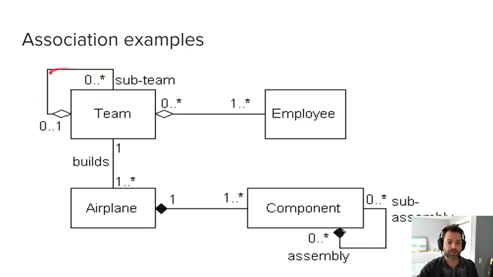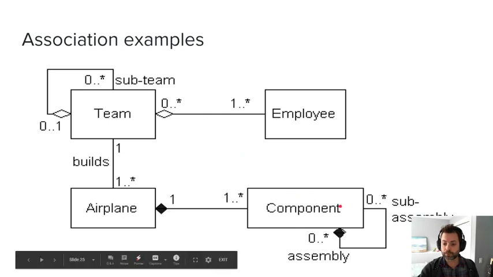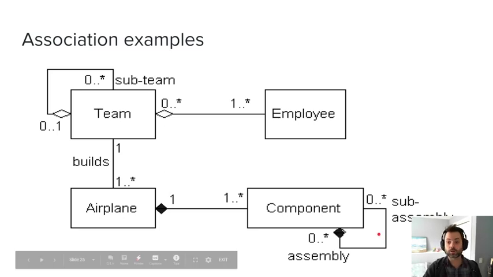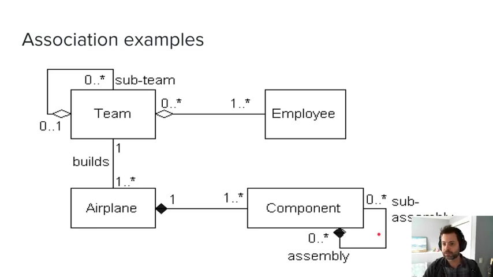Here we have a self aggregation where a team can be made up of subteams, or components can be made up of sub-assemblies. There's nothing wrong with having an association to yourself. It will show a building up of parts, or maybe you have a dependency on yourself, like another version of your class or something like that.